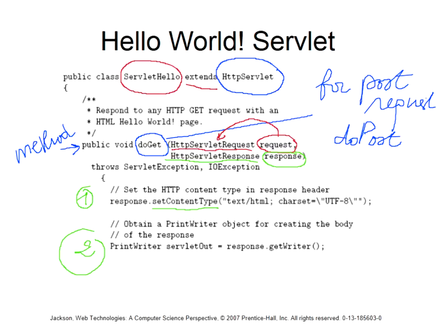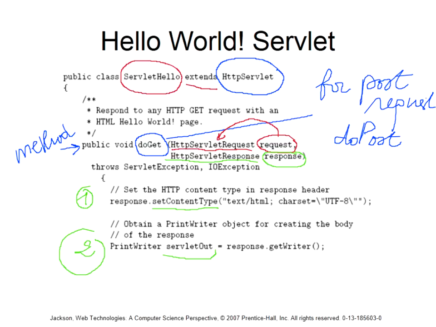I have to write System.out.println. But here, for a servlet, I have to prepare a PrintWriter. Here in my example, the PrintWriter is servletOut. This is the name of my PrintWriter.